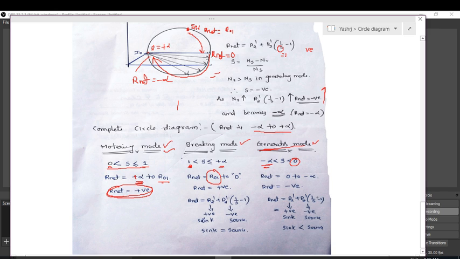Generation is always greater than the sink, so R net is always negative, nothing but a source, a generator. It always generates active power. That's why this is generating mode.